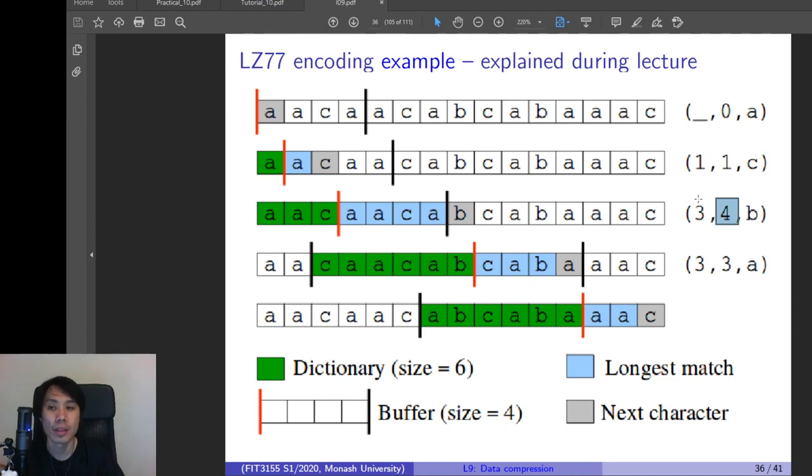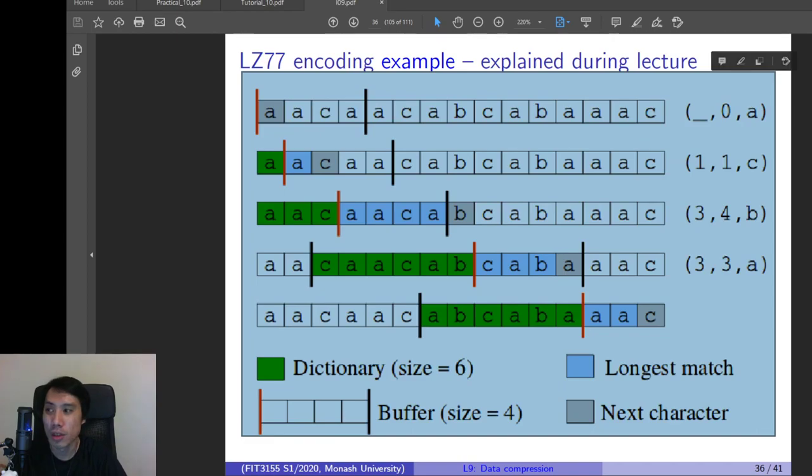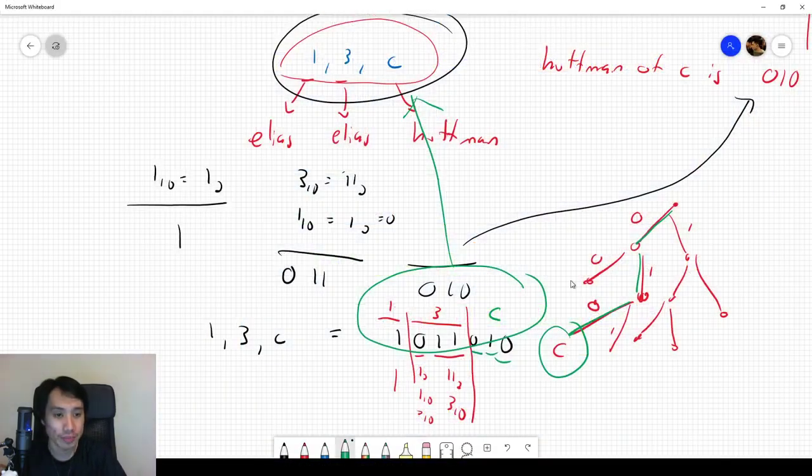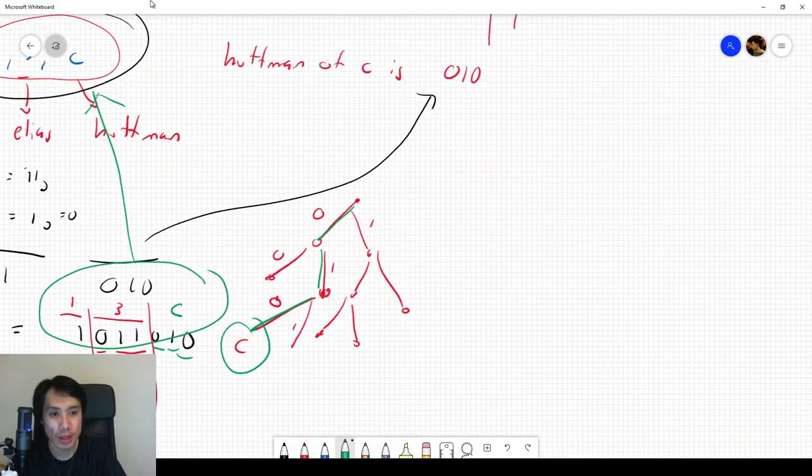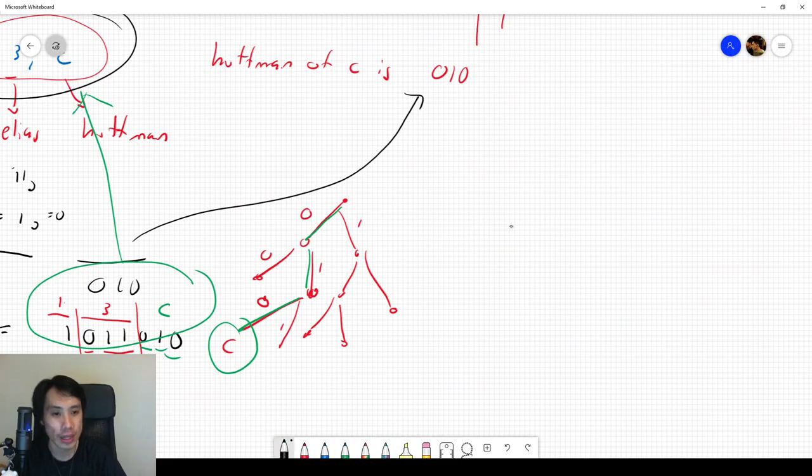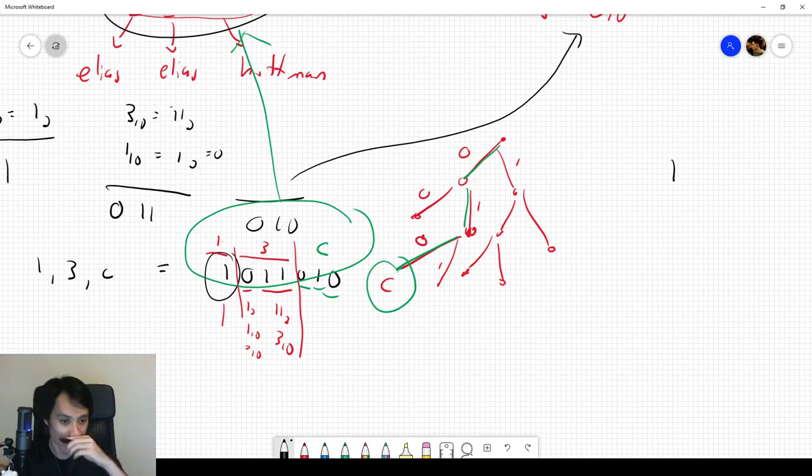Okay, so when you look here, all of the numbers which you see here are going to be your Elias. Okay. But what about 0? How the heck am I supposed to encode 0? If you look here, you realize my smallest number is 1. So if I use Elias, I begin from 1 all the way to infinity.